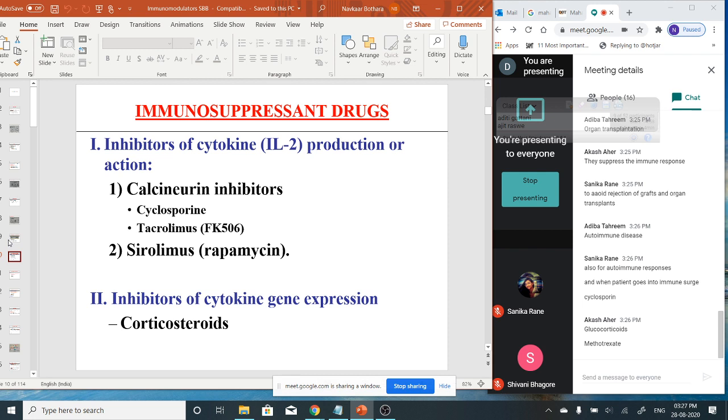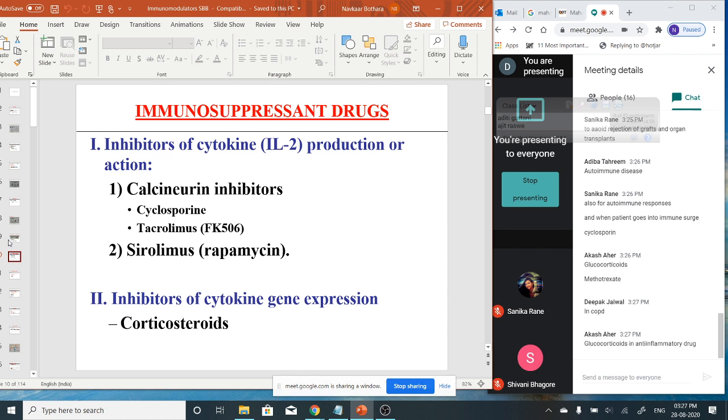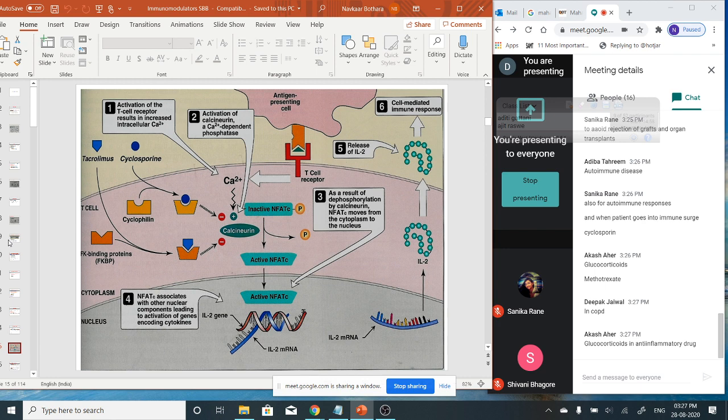Whether anybody studied glucocorticoids earlier in COPD? Why did you study it? What was its mechanism of action in that?